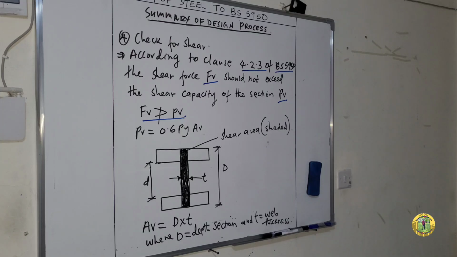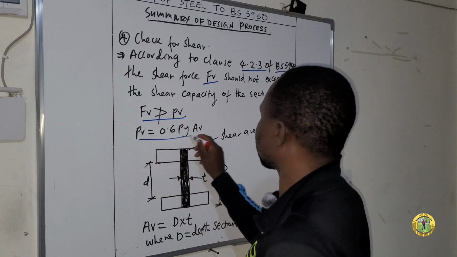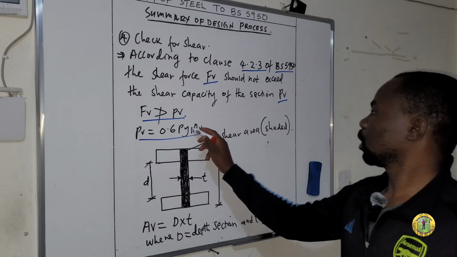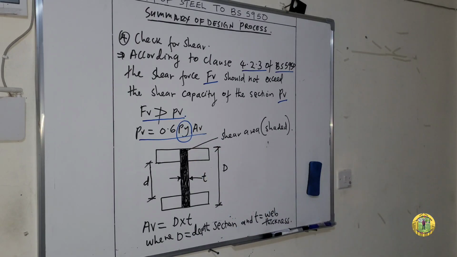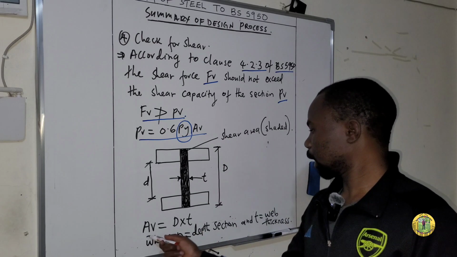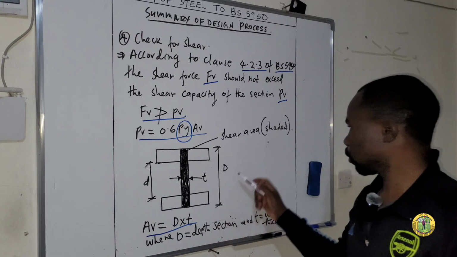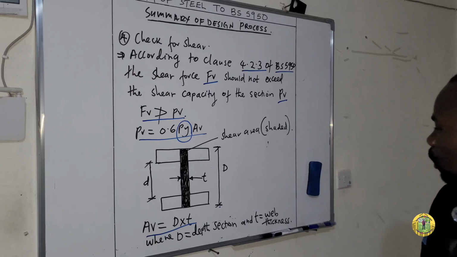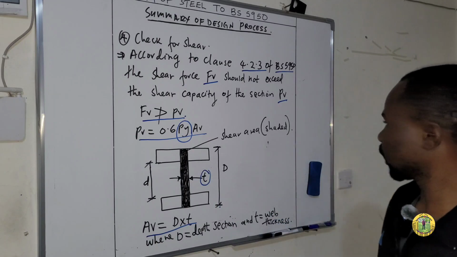PV is given by this formula, which is 0.6 PY AV, whereby PY is the strength of the steel and AV is equal to D times T, where D is the depth of the section, and T is the web thickness.